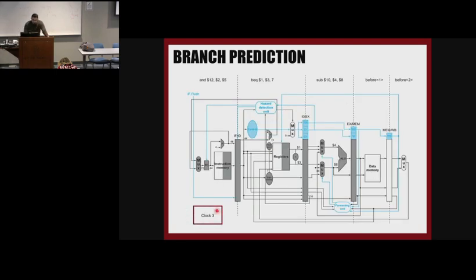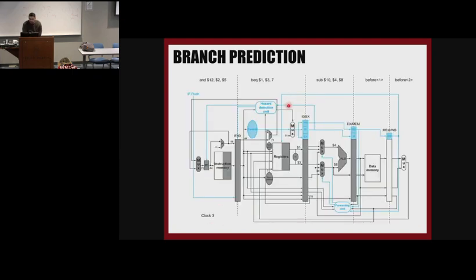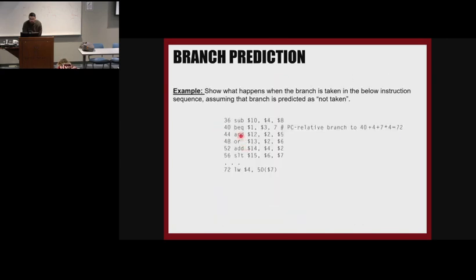At clock 3, we have the subtraction in the execution stage. Subtraction is the first instruction, right? It's already in the execution stage. Branch is in the decoding stage, and AND is already fetched. Okay, so here we're assuming that our prediction is that the branch is not taken.